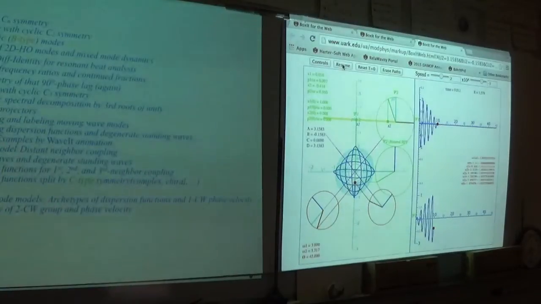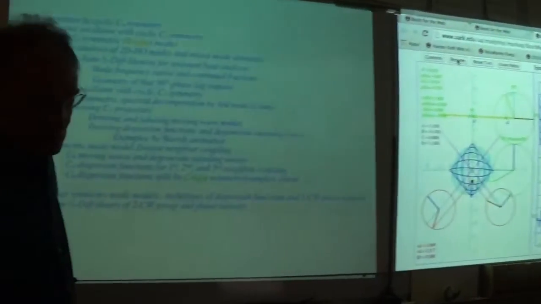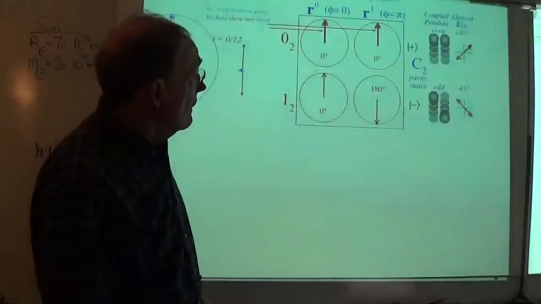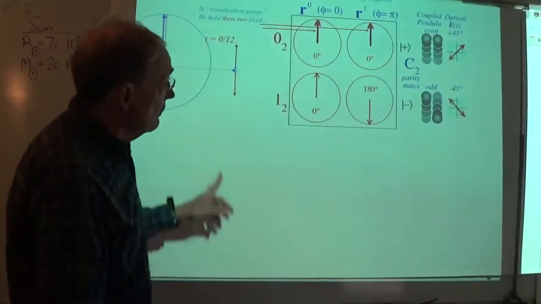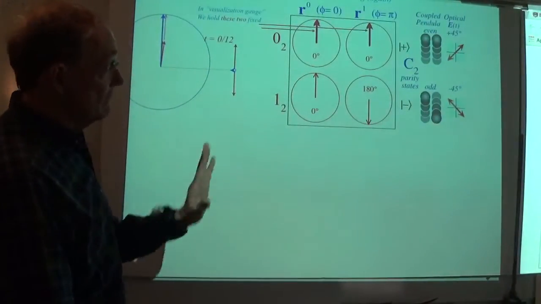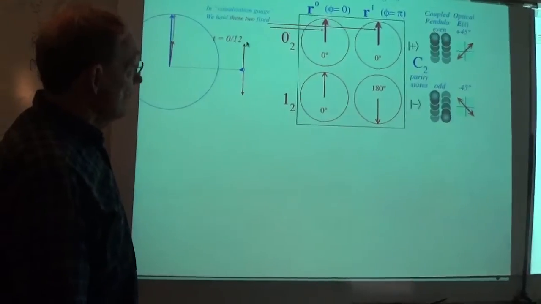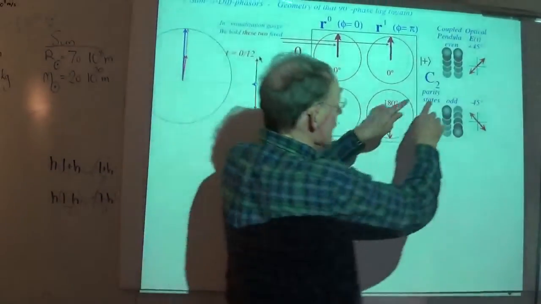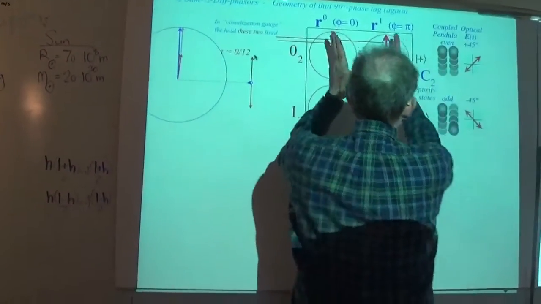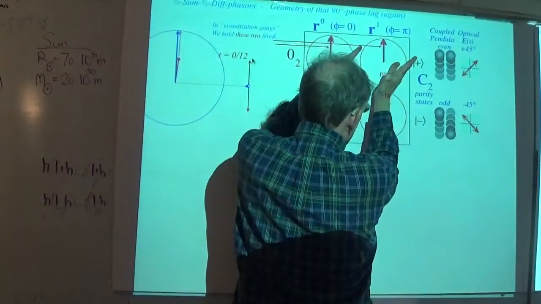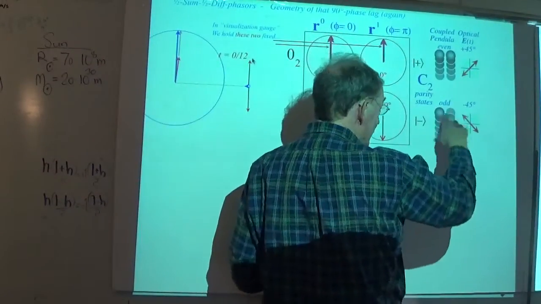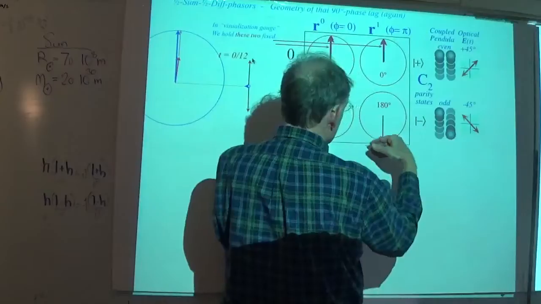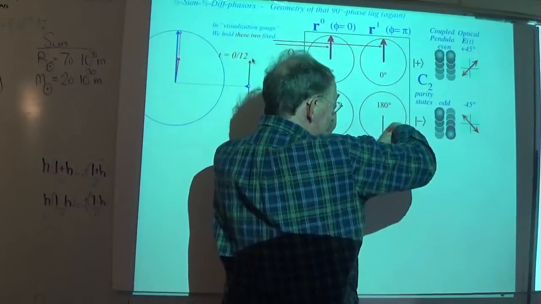Okay, I think we've done enough with the U2, the twofold thing, but I will show just this. This is the polarization idea. You start out with the even state, these two phasors that are going to go together, and the odd state, the antisymmetric state, where x and y will be opposite each other.